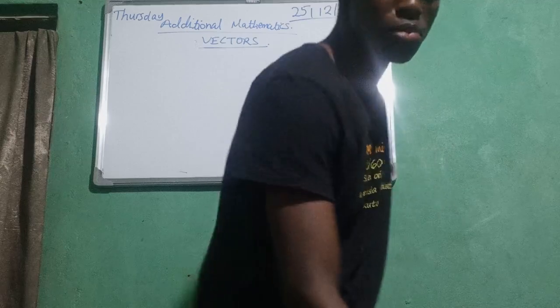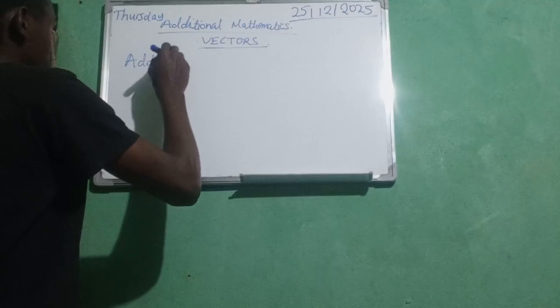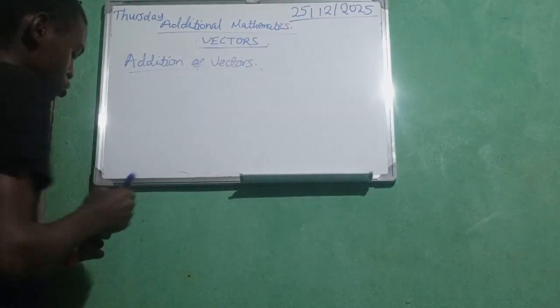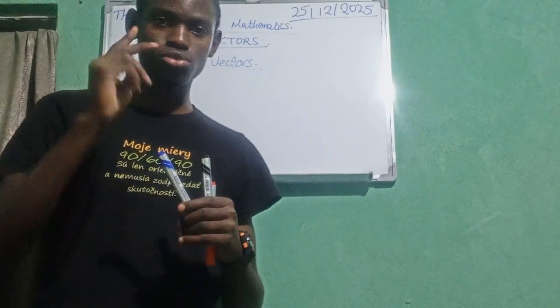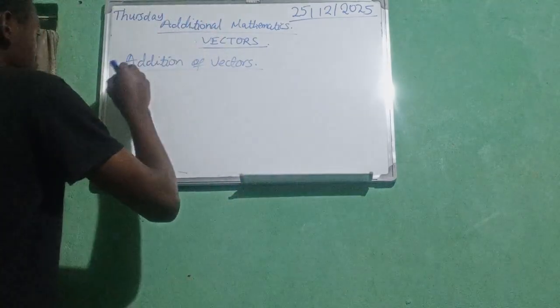Now we continue from where we ended, that is, now we'll go to addition of vectors. How do we add vectors? Addition of vectors. We'll look at two main rules, two methods rather.